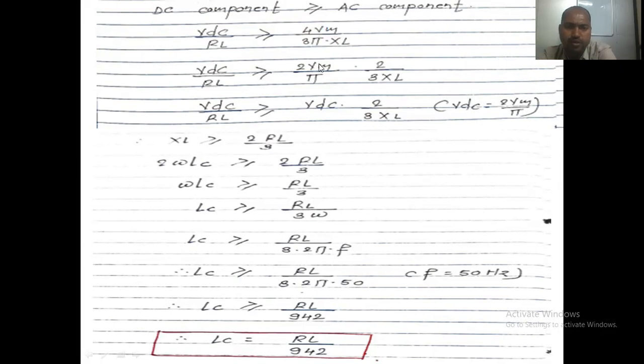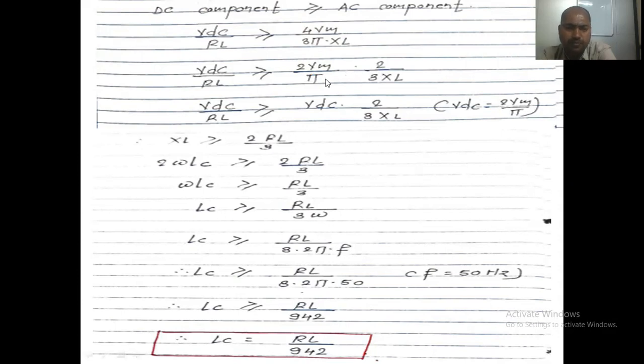Then 3 XL is taken across, so 2 divided by 3 XL, and the pi should come across here as well. We have to separate this out using one of the known formulas.